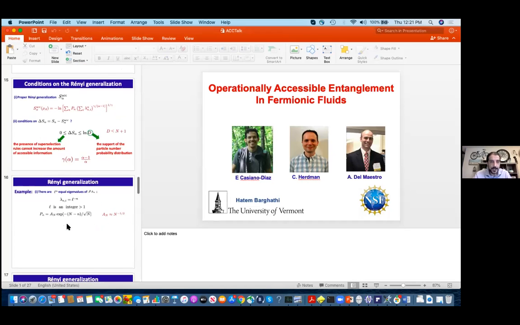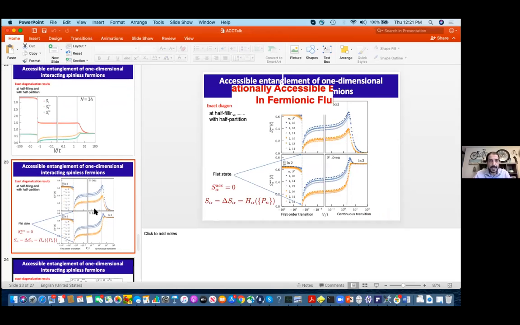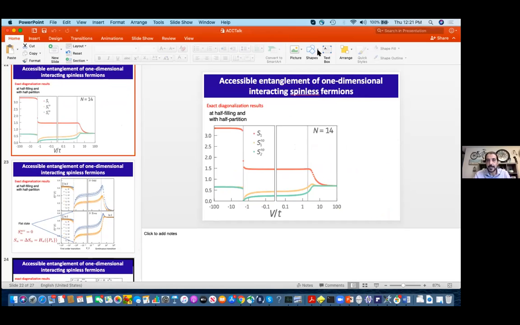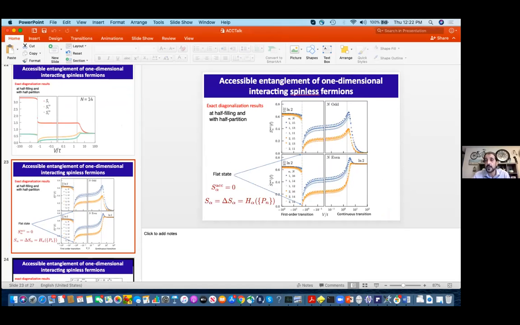It's an interesting question, actually, because if we go back to this picture here, the red curve is the total von Neumann entanglement entropy, and we see there's a kind of peak that starts showing. It tells us that the accessible entanglement could be more sensitive to the phase transition than looking at the total entanglement.